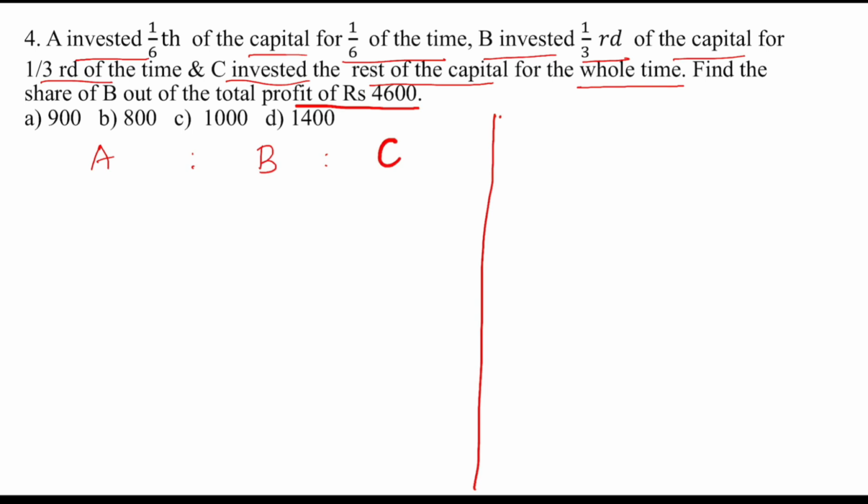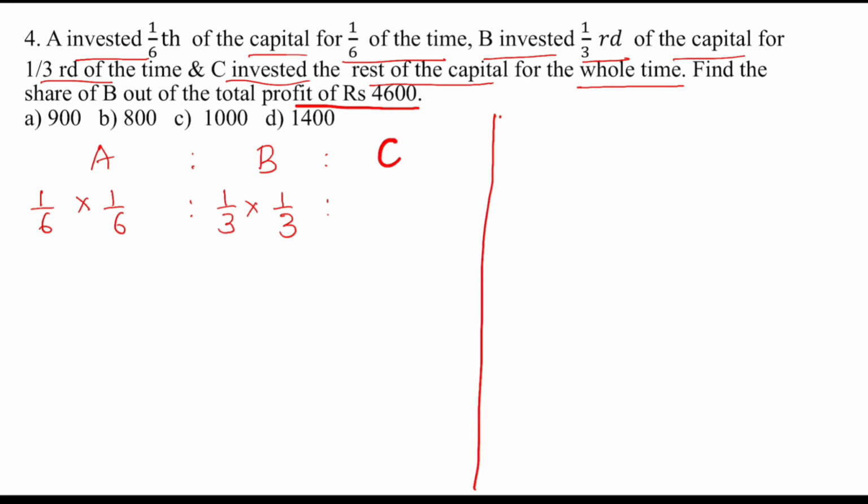A invested 1/6 of the capital for 1/6 of the time. So 1/6 into 1/6 is 1/36. B invested 1/3 of the capital for 1/3 of the time. Then C invested the rest of the capital. Okay. Rest of the capital means how much? A invested 1/6 and B invested 1/3.